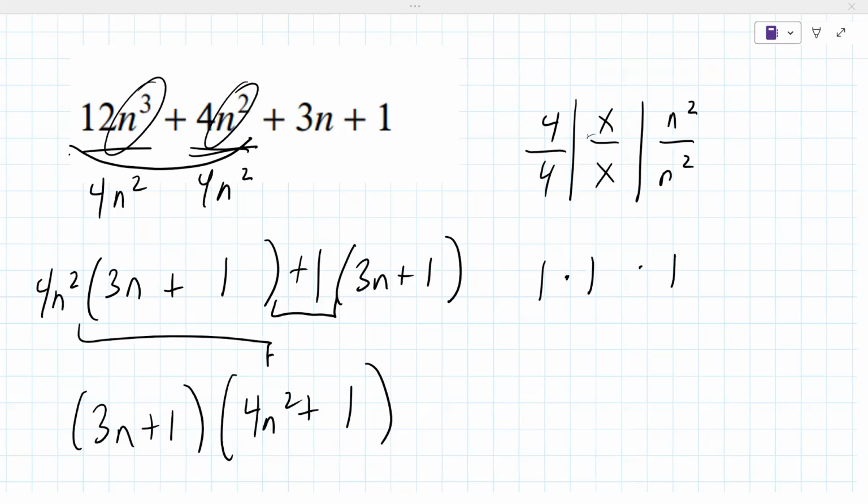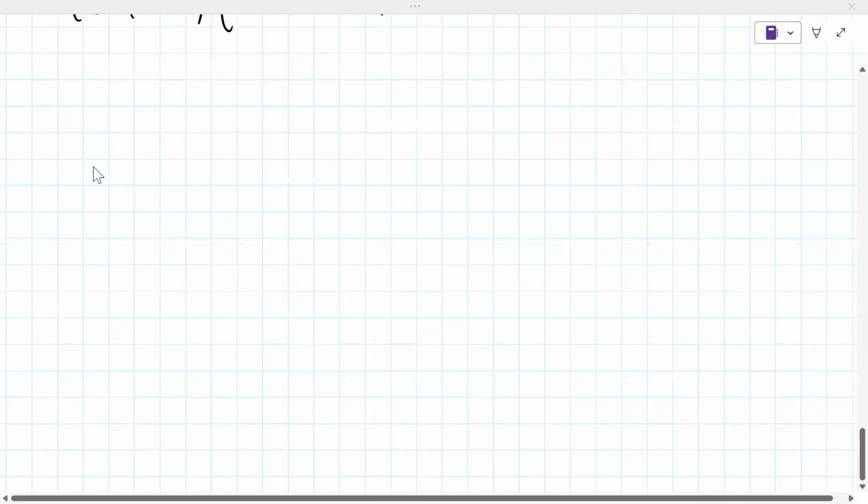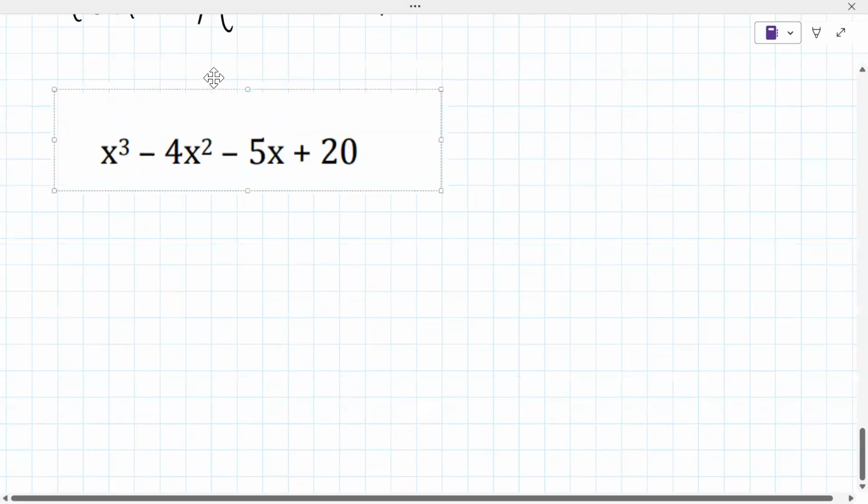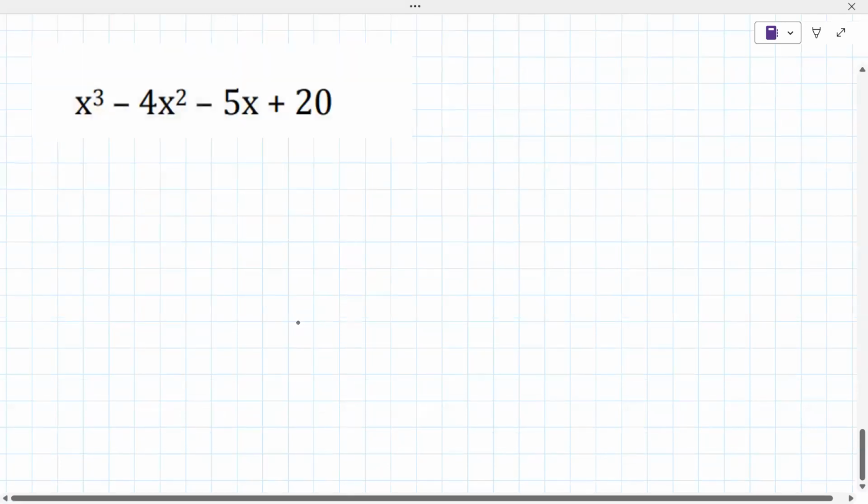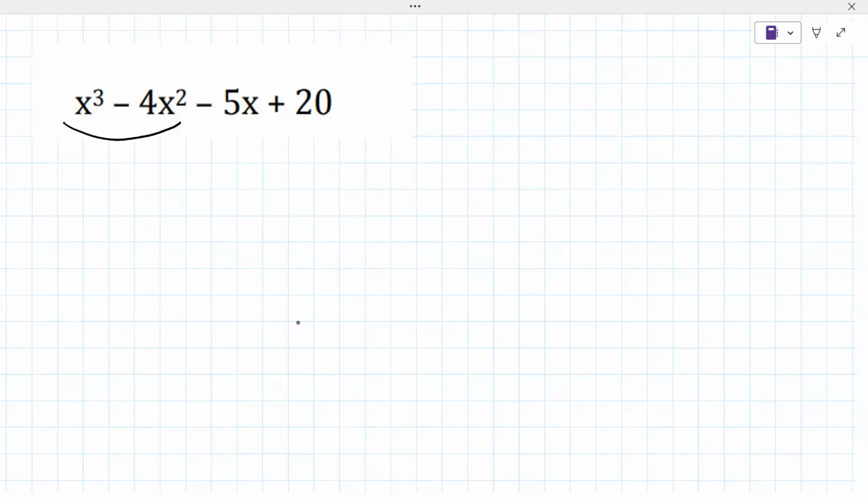Okay, here is another one. Look at the first two terms here. What goes into both? Is there a number? Wouldn't it just be 1? Okay, there's the one that goes into both. How about between the variables? Which is the smaller exponent? The x squared.